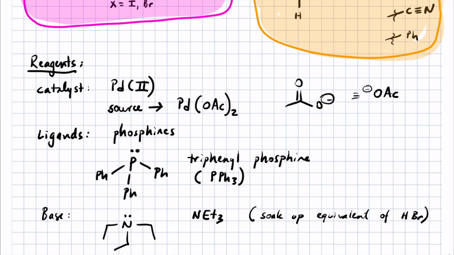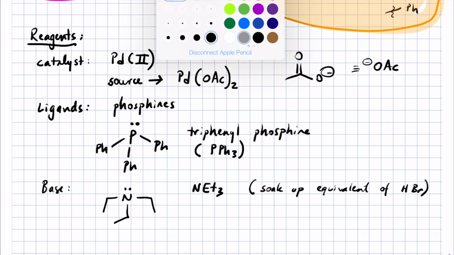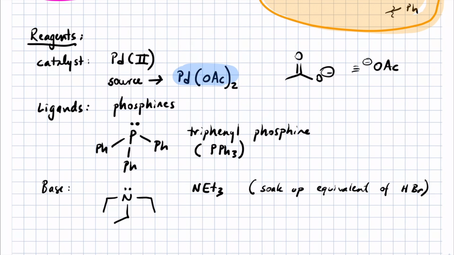All right, so it's kind of complicated, but let's highlight the reagents that are needed. You've got palladium acetate, you've got triphenylphosphine, and you've got triethylamine.